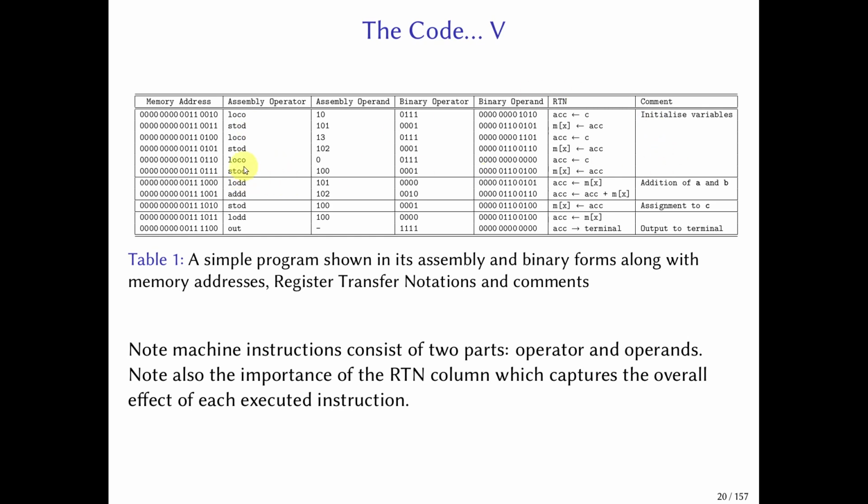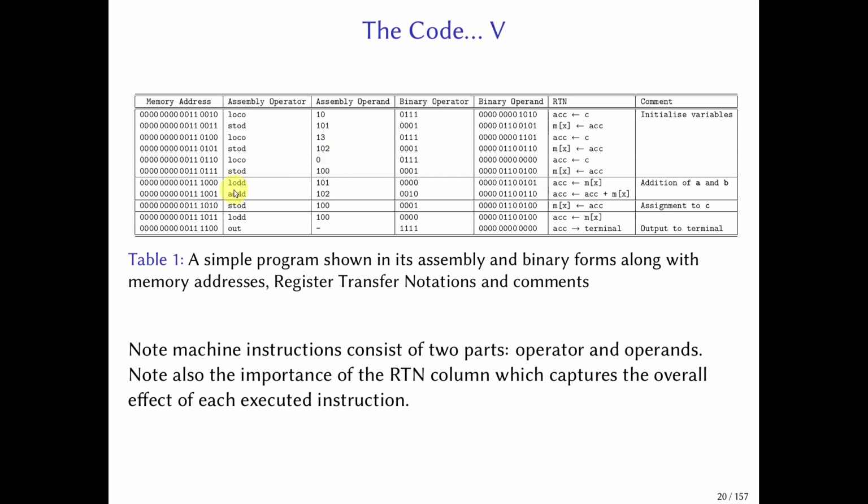Effectively, all we've done with those first 6 machine code instructions, which had a binary form, is initialize the variables A, B and C with their respective values of 10, 13 and 0.